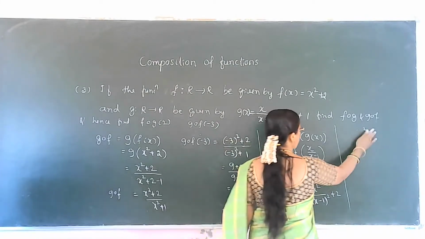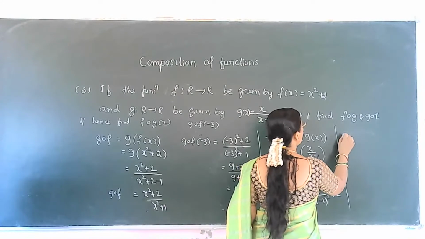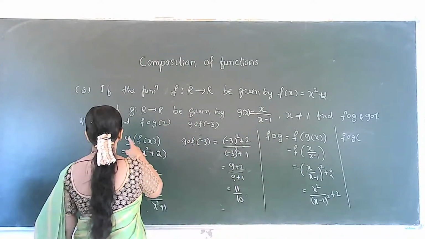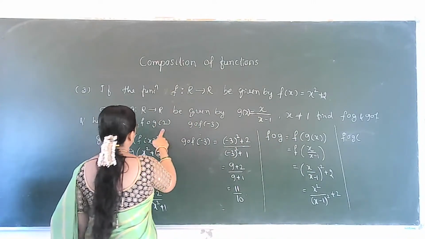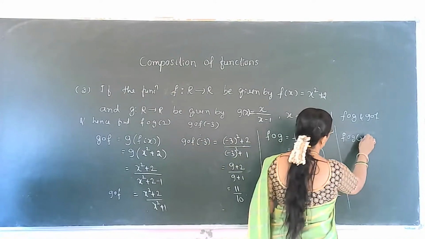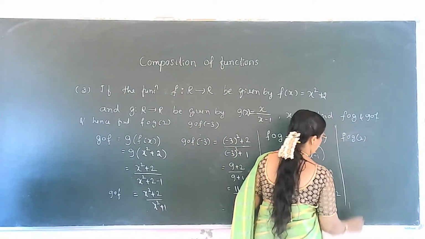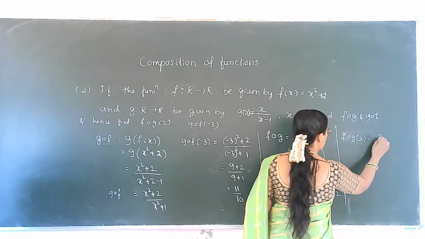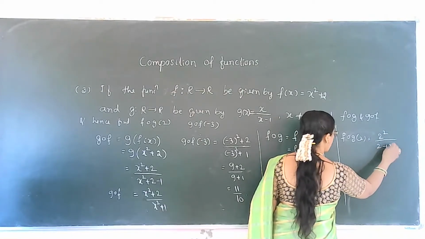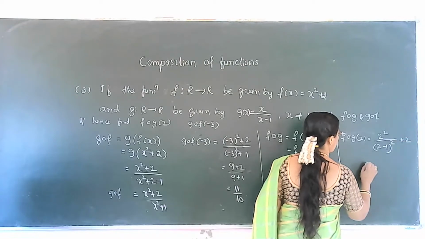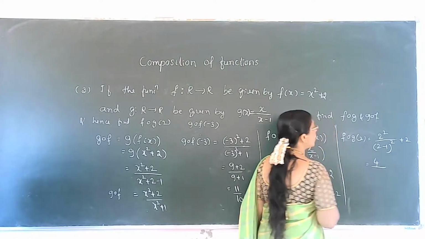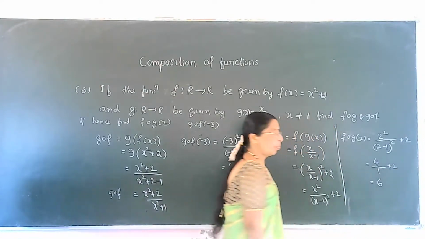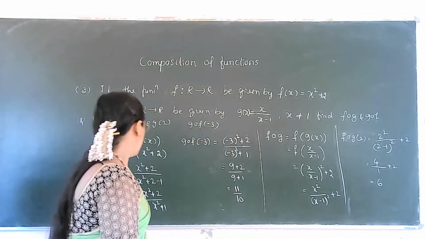Then we find f composition of g of 2, which is equal to 2 square divided by 2 minus 1 whole square plus 2, which is equal to 4 divided by 1 plus 2, which is equal to 6. 4 plus 2 is equal to 6.